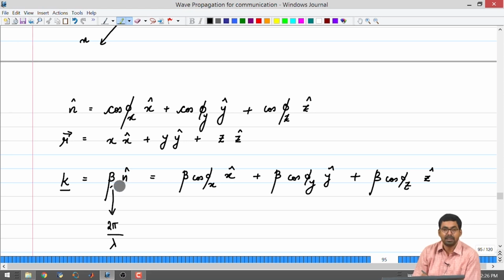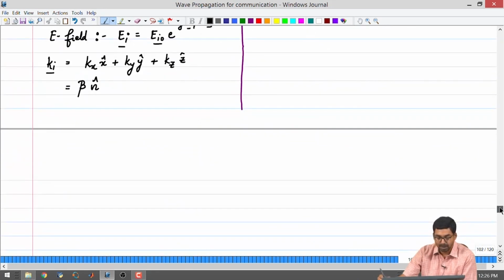So, beta is the phase constant, it is simply 2 pi by lambda. So, now we can estimate 2 pi by lambda provided lambda is given to us in the problem, alright, it is a constant that can be evaluated. Which means that now I have to find out what my n hat or the unit vector is going to be, in order to find out the expression for the plane wave system that I am doing.